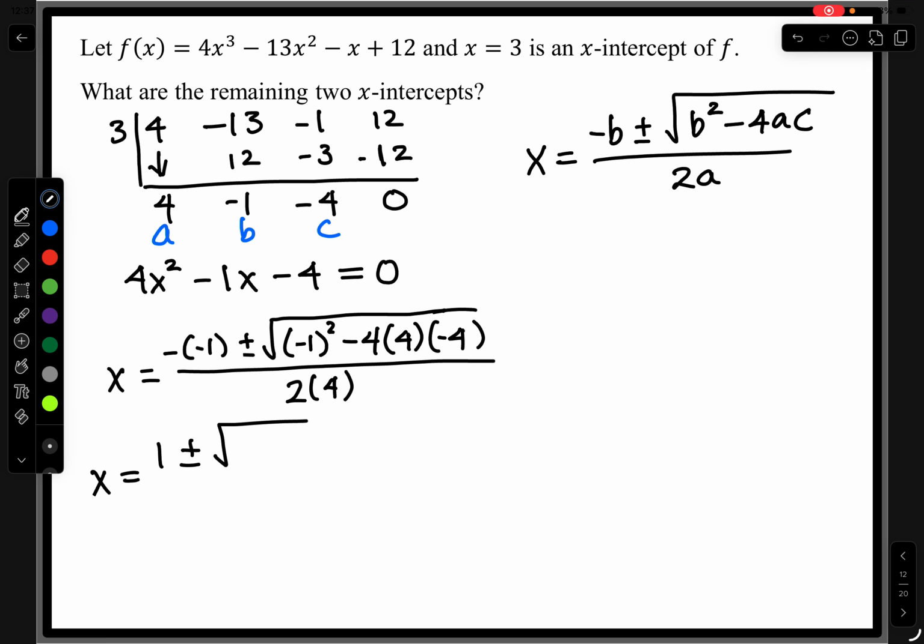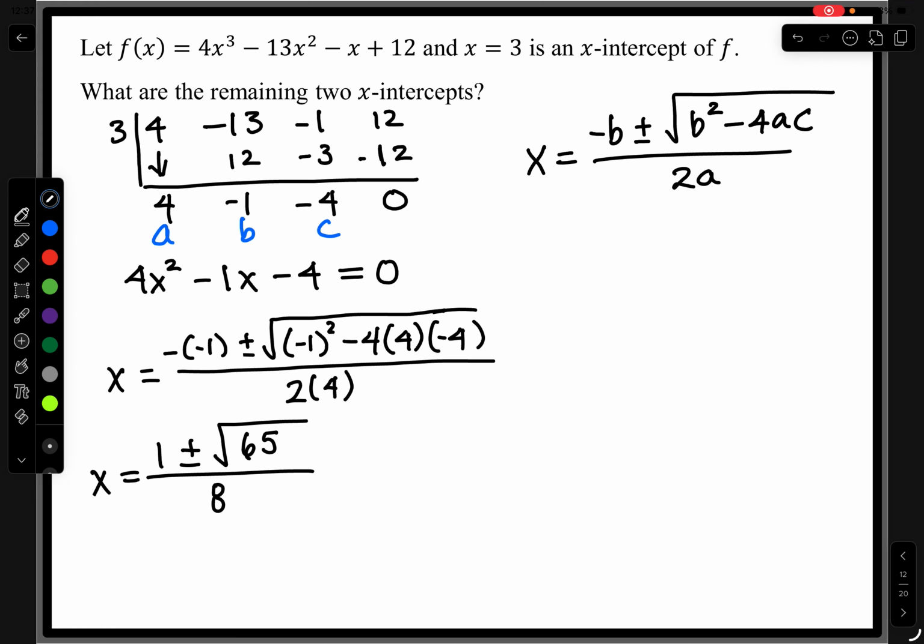So now (-1) to the second power minus 4 times -4, that's going to end up becoming a total of 65. And 2 times 4, that's going to end up equaling 8.